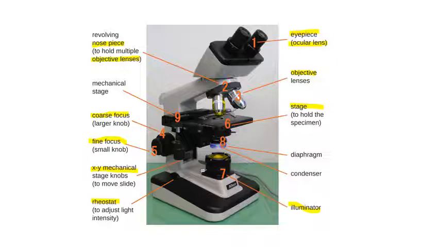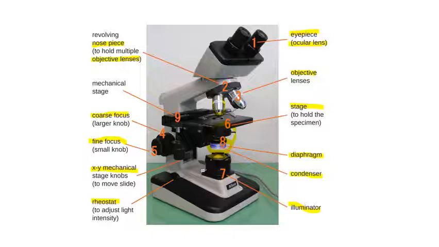And then right underneath here, between where the light is and where the stage is, we've got a structure called the diaphragm. I'm sorry, diaphragm and the condenser both together. So the condenser is a structure that's going to take the light that's coming from the illuminator and condense it into a single beam of light. So it's preventing some of the light from scattering, so it's condensing the light.